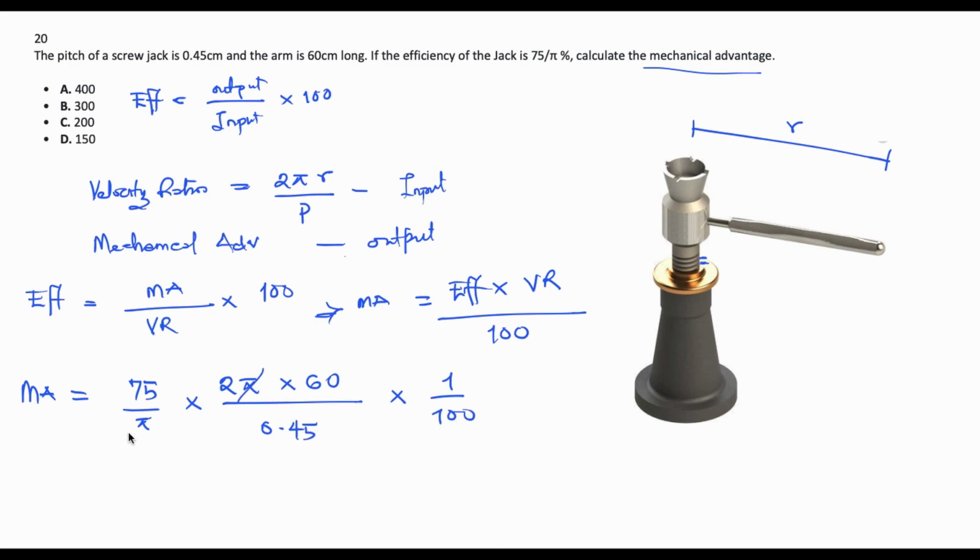So pi cancels out pi, and 75 multiplied by 2 multiplied by 60 is equal to 9,000, and 0.45 multiplied by 100 is equal to 45. So 9,000 divided by 45 is equal to 200. So the mechanical advantage here is equal to 200. Our answer here is C.